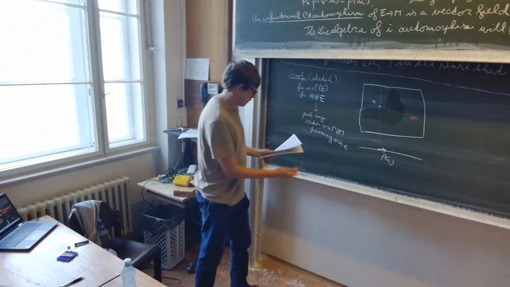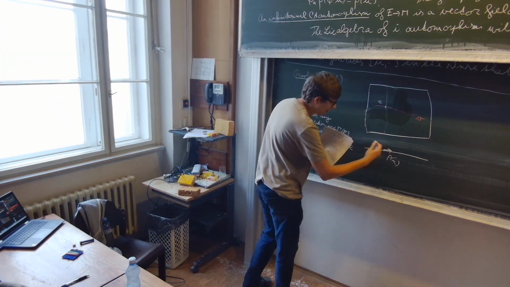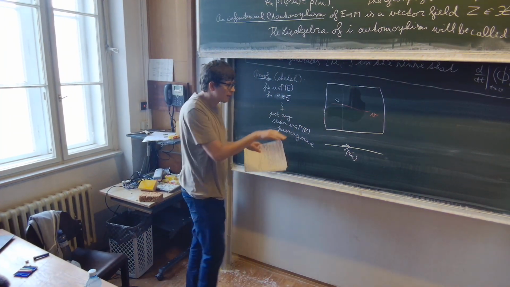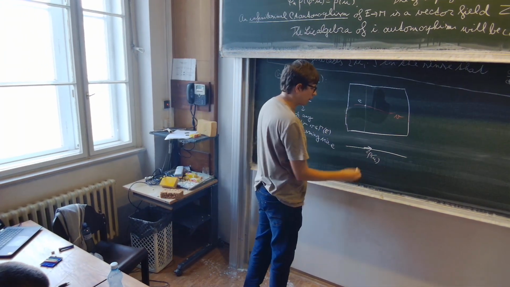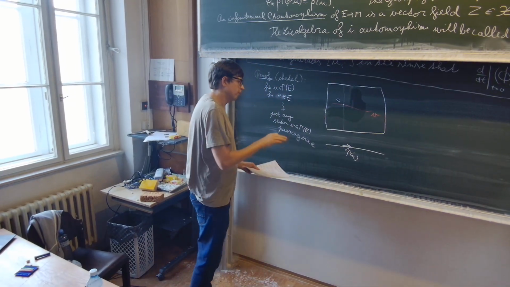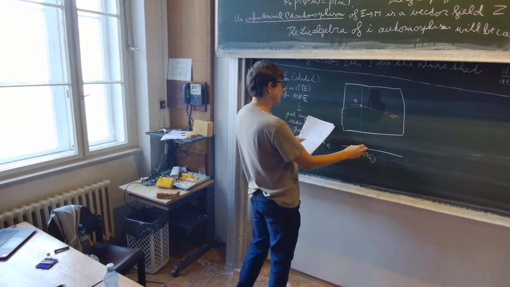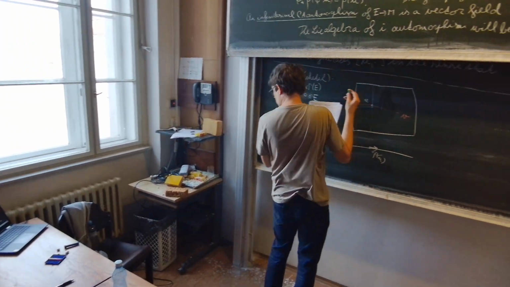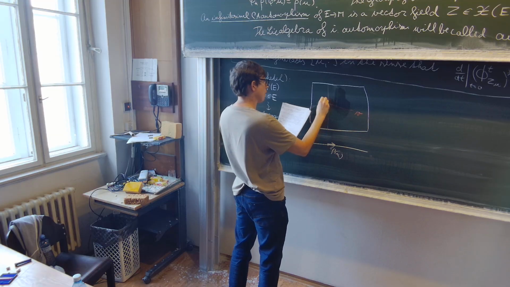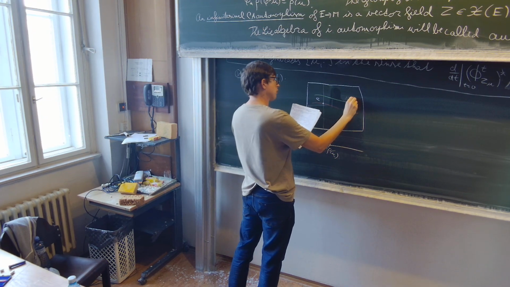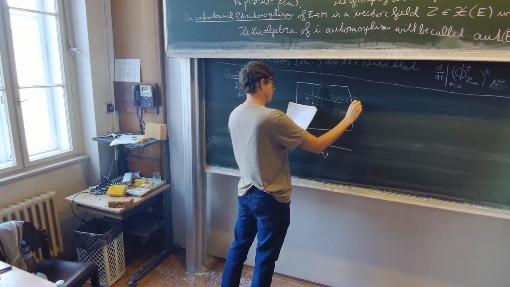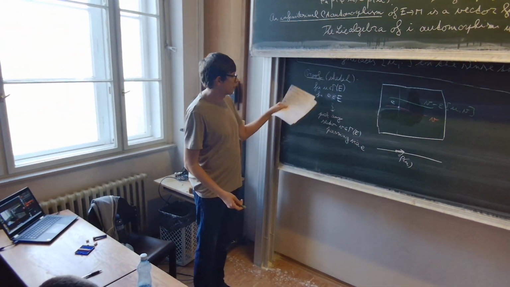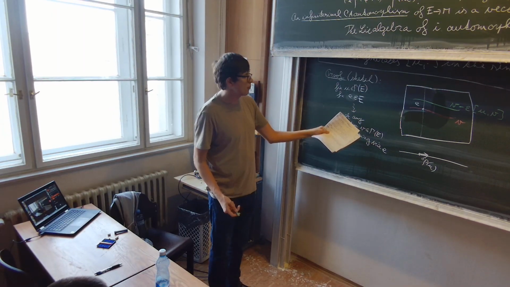Let me work with some coordinates, and let me just say that this vector is epsilon times rho of u, a small enough direction. And then I look at the new section, which looks like this, which I will call V minus epsilon u, V.